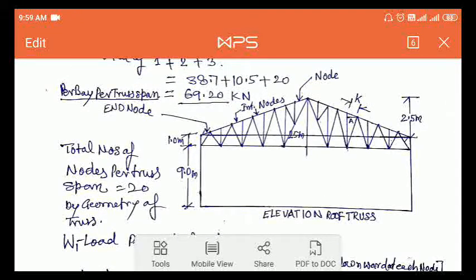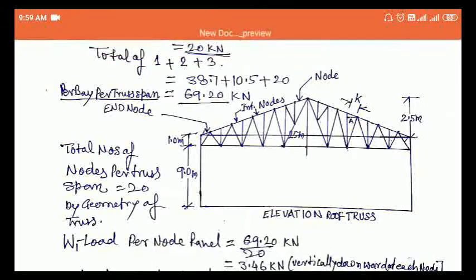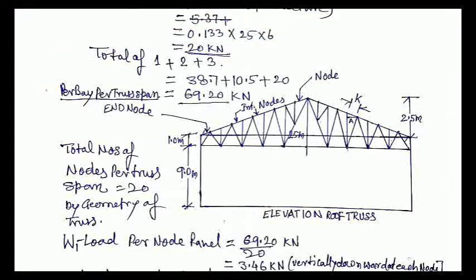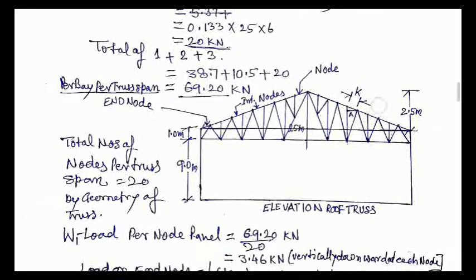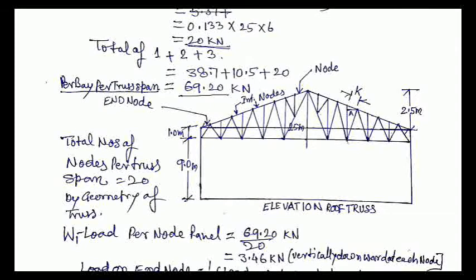Now come to this, the interior nodes and end nodes, because these are end nodes at top and at eaves side. These are end nodes, and all other nodes are known as interior nodes. And this distance between two nodes is called as K, or node length.